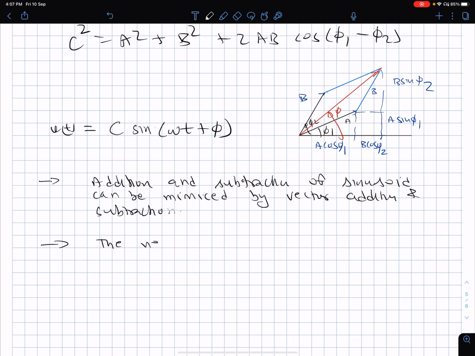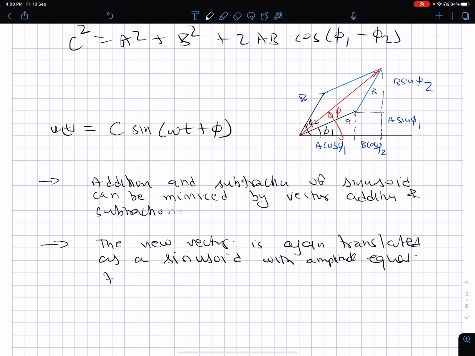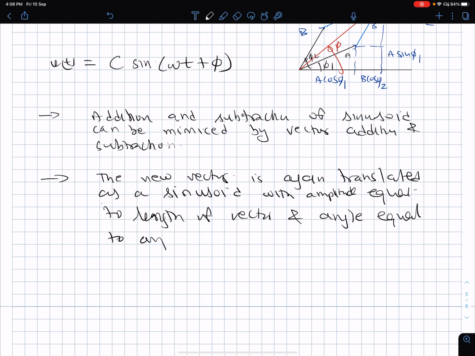The new vector is again to be translated, meaning interpreted, as a sinusoid, with amplitude equal to the length of the vector and angle equal to the angle of the resultant vector.